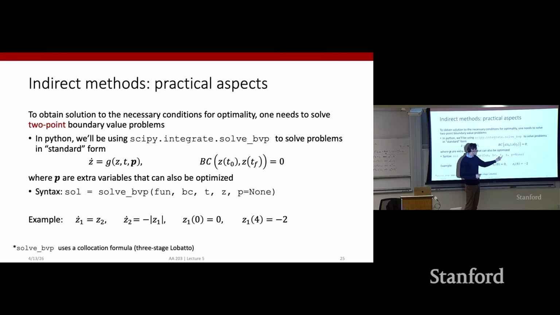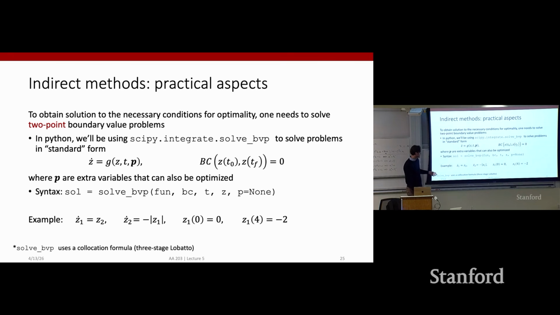T, which is a mesh of time, meaning we are discretizing time according to some discrete bins, so this will be just a sequence of discretization time steps, a series of increasing numbers. Z will be our aggregated variable. Essentially, here we will have all our states and costates stacked together.